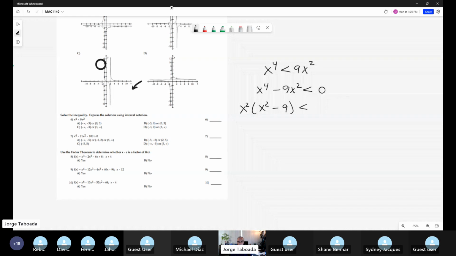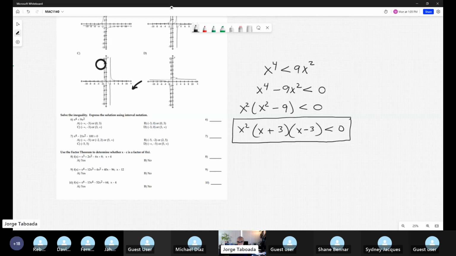But I don't finish the factorization because I see that we have a difference of squares: x minus 3 times x plus 3. This new expression is totally equivalent to the original inequality that nobody understands, but now it's clear. How do you clarify that? You find the critical values. For the critical values, you temporarily suppose this is an equation.